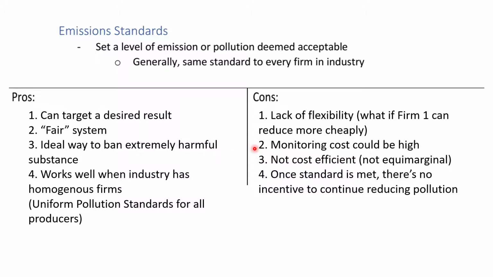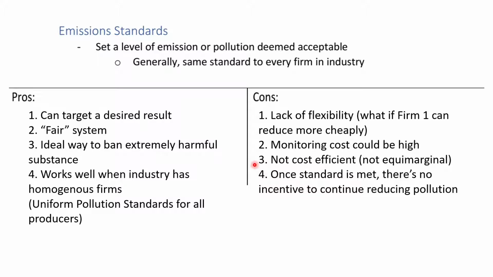Looking at the efficiency standard, Volkswagen famously, a couple years ago, used software cheats and fooled the EPA for many years. It is most likely not cost efficient, not equal marginal.